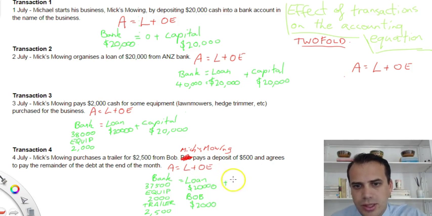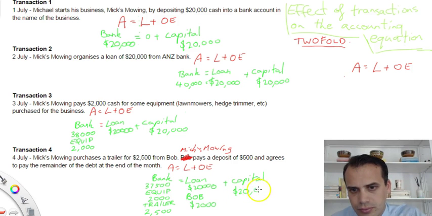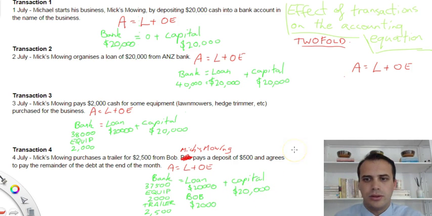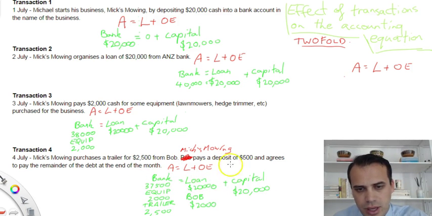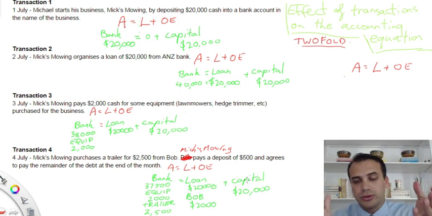And our owner's equity stays exactly the same. That's it. Now, if you look at the left-hand side of the equation and the right-hand side of the equation, you add up all your money, 20,000, 20,000, 2,000, and you add up all of this, 37,500, 2,000, and 2,500. If you add up this side, you add up this side, they're going to be equal, and that's important.